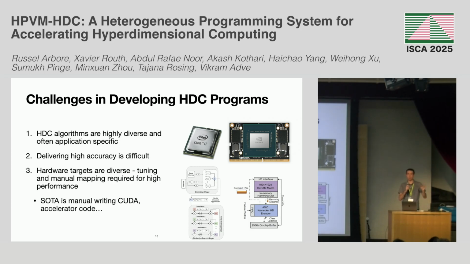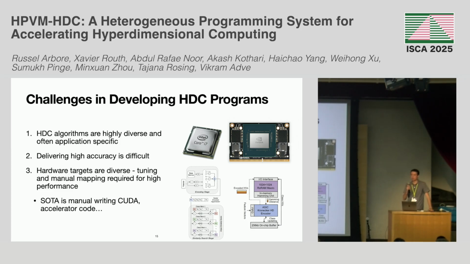If you today want to write an HDC program to solve a particular problem, the first challenge you're going to run into is that there's a very wide variety of different algorithms in HDC used to solve particular tasks. So the first challenge is selecting between all these different HDC algorithms.